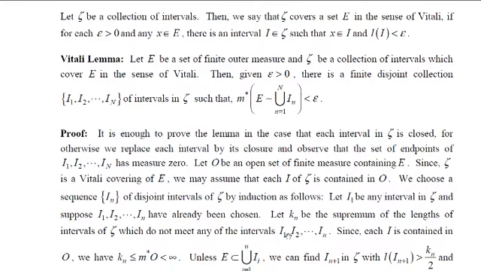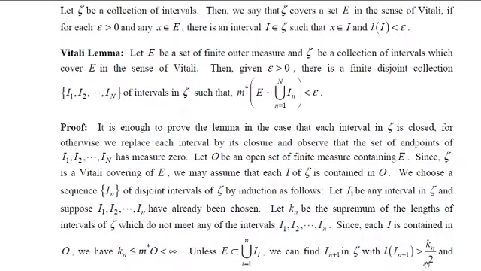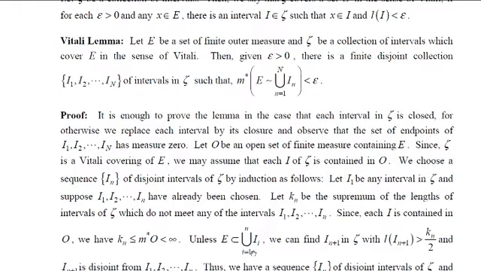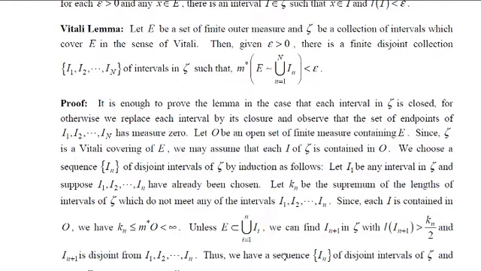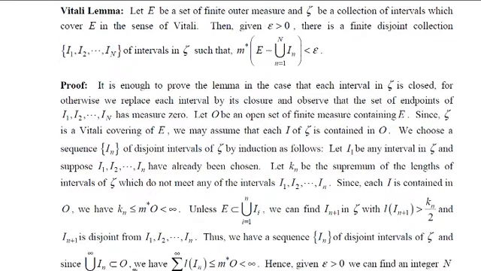And we know that for those intervals which do not meet these, their maximum length will be Kn. And assume that the length of In plus 1 is greater than Kn by 2. So, in this way we have constructed a sequence of disjoint intervals of zeta, and all of these are present in O. Therefore, their union is also present in O.